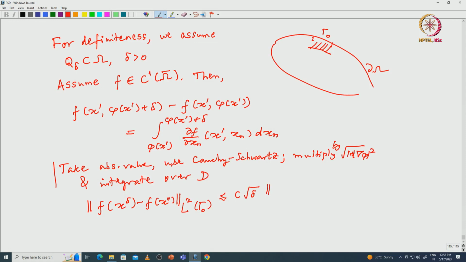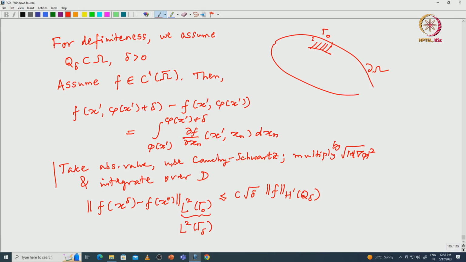So, there is no problem there. Of course, there is no difference between gamma 0 and gamma delta, because just translation is taking place there. So, this is obviously valid even if you replace this by L2 of gamma delta. Okay.